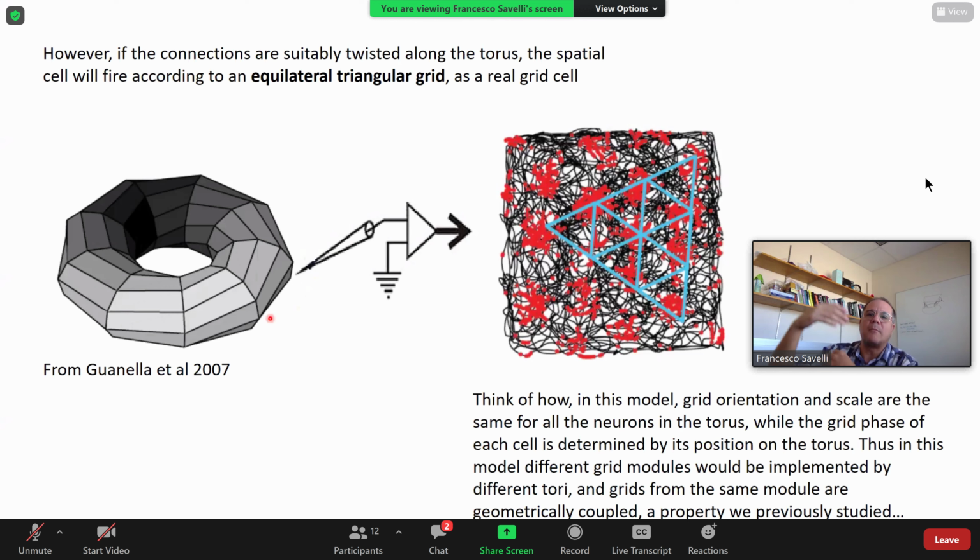I would have to walk much longer before that bump of activity completes a revolution around the donut and the cell fires again. So the grid cell at that point is going to have a larger scale. If the bump of activity moves faster, rather, as I move, it moves more, then it will take me fewer steps before the bump of activity makes a full revolution around the donut and the cell fires again.